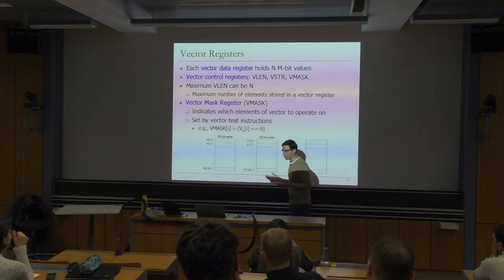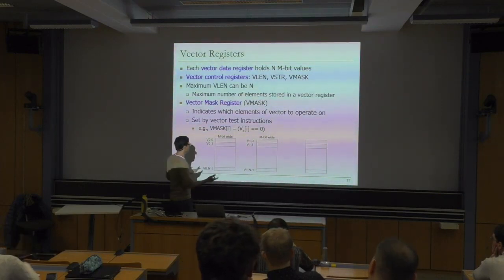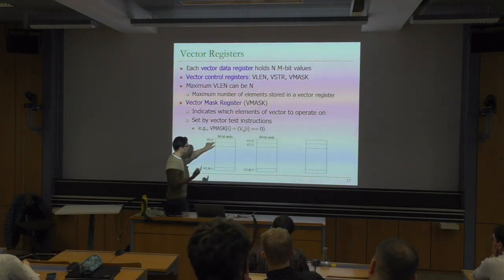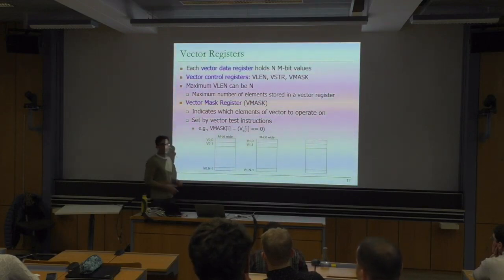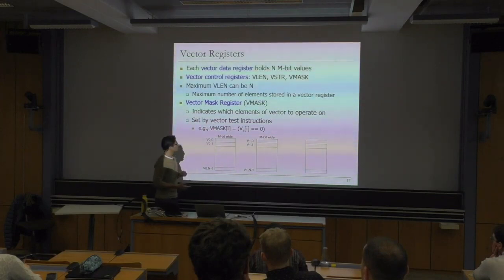But what happens if that is not the case? What happens if, for whatever reason, we don't want to apply the same computation, the same instruction on this element, but we want to do it on this one and this one and this one and this one? Well, in that case, we can use the vector mask.